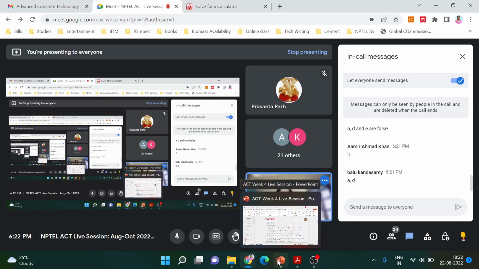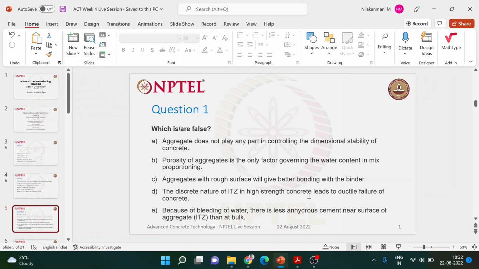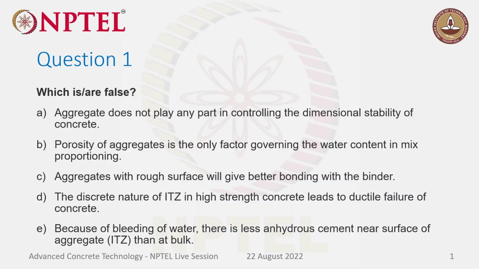Okay, let's see what the answer is. So the correct answer is ABD. I don't think people have said exactly ABD, I suppose, only BD and BDE.